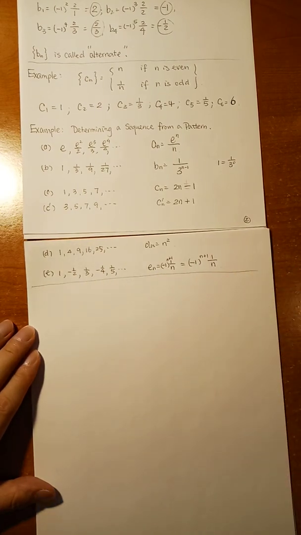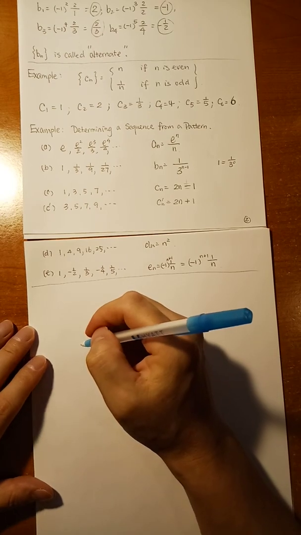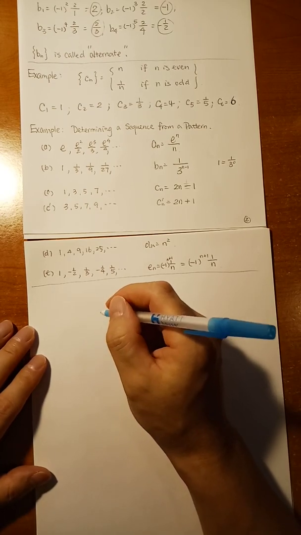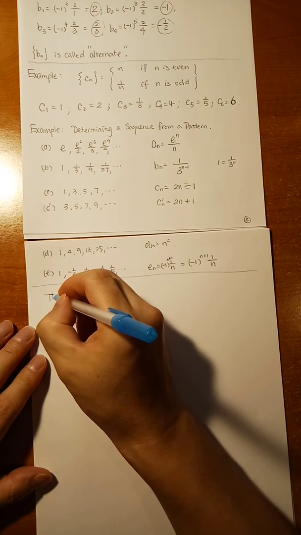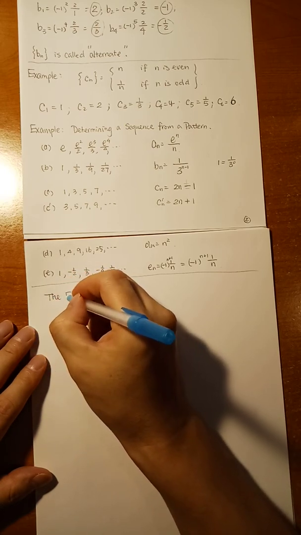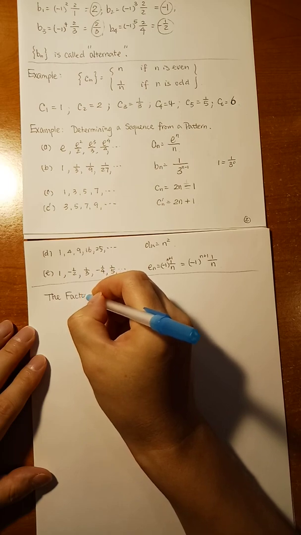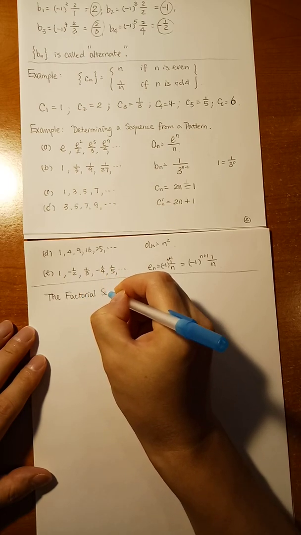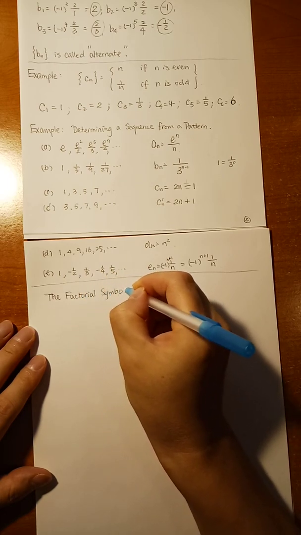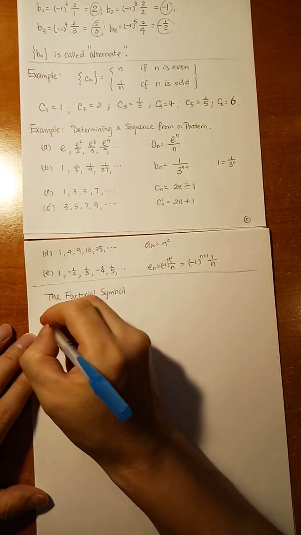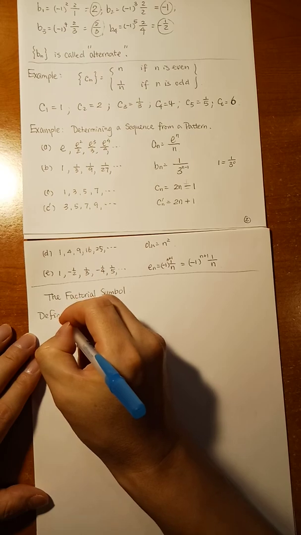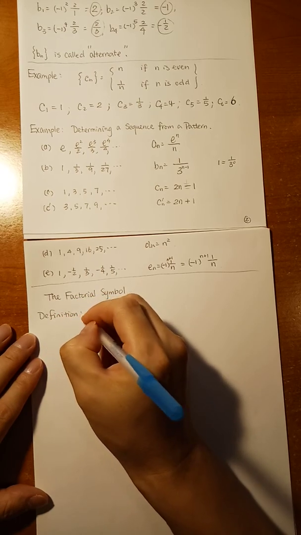In the sequence study, there is a very interesting, useful sequence. It's called a factorial symbol. What is a factorial symbol? We want to study the product of integers.